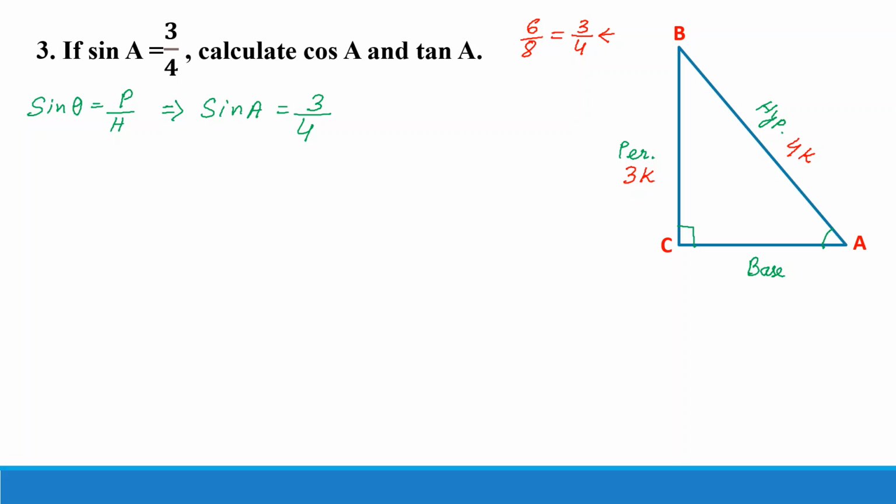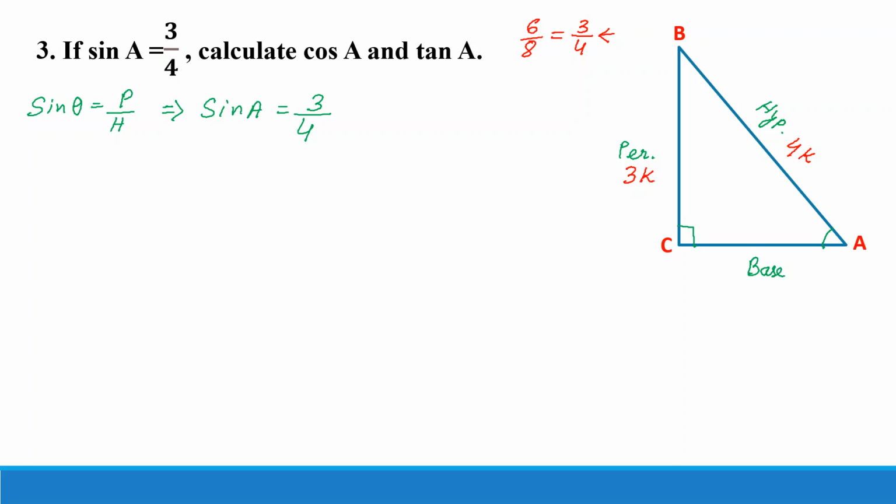Recall when we were doing simple equations, many a times it was written that two numbers are in the ratio 3:4. So we were taking the numbers as 3x and 4x, where x was the variable. Same way over here, we are taking the sides as 3k and 4k because this is not the exact value.